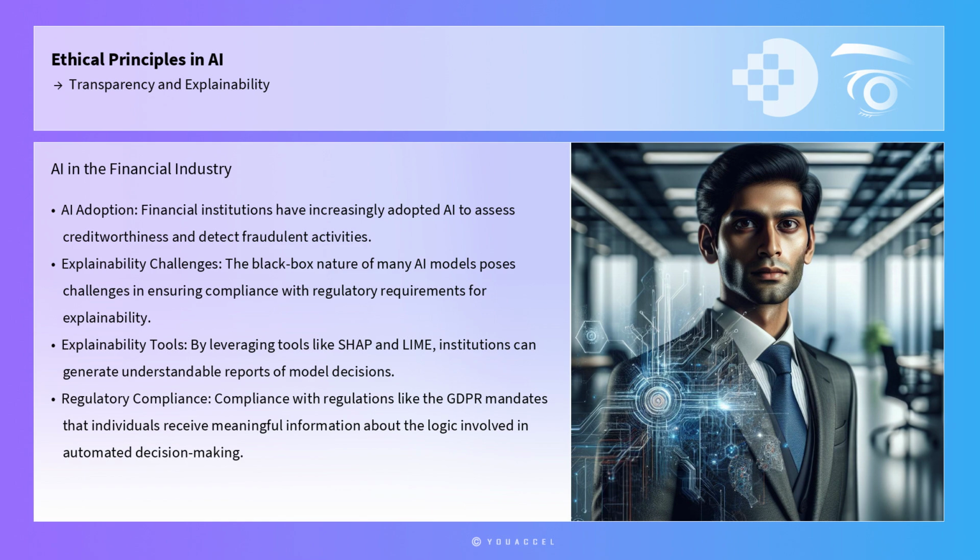By leveraging explainability tools such as SHAP and LIME, financial institutions can generate understandable reports of model decisions, facilitating compliance with regulations like the General Data Protection Regulation, which mandates that individuals receive meaningful information about the logic involved in automated decision-making.